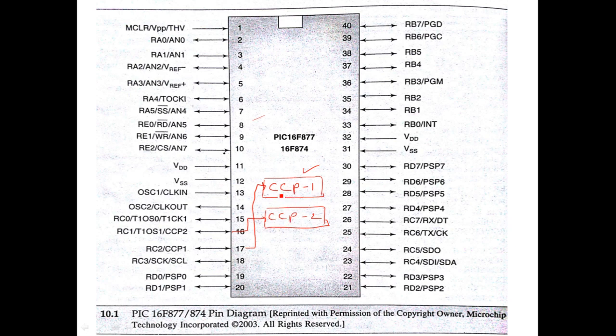Each module can operate in three different modes of operation, and those modes are compare mode, capture mode and PWM mode. Let us discuss the operation of this module in each of these modes one by one.